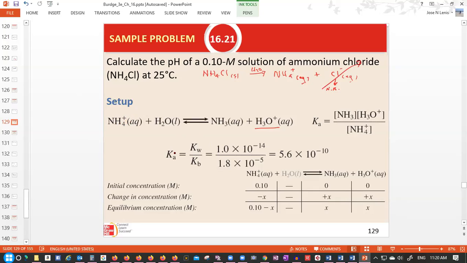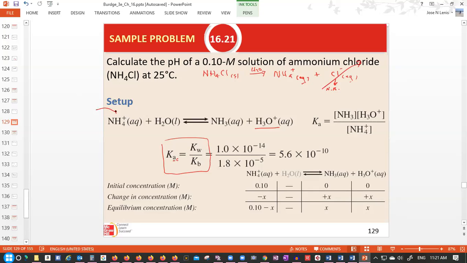We just learned that we use this. This is especially made for the situation and only for the situation. So we need to find this. This is for the conjugate, and this is the Kb of the weak base that made the acid. And we know that already.